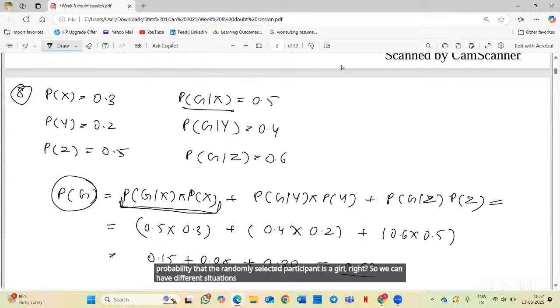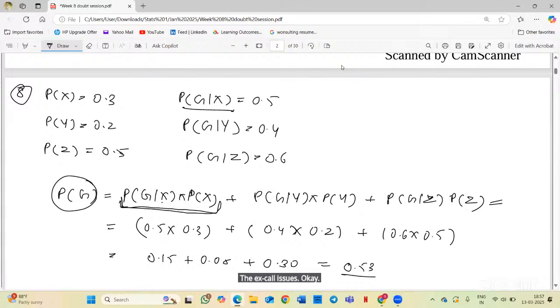The first is one in which the girls are selected from the X colleges, into the probability of X. What does the multiplication rule tell? These two are multiplied and it gives something. By the formula we can solve, but if we understand what it actually means then we can solve more problems.